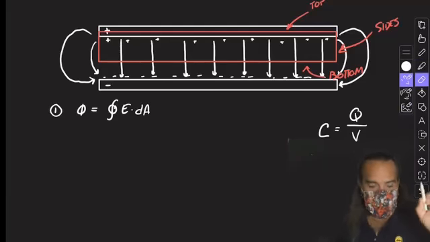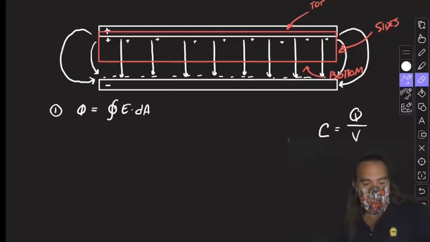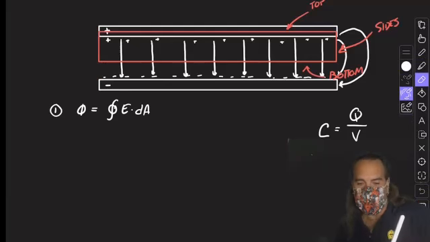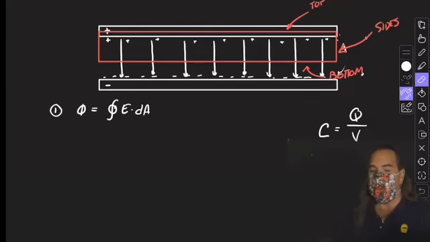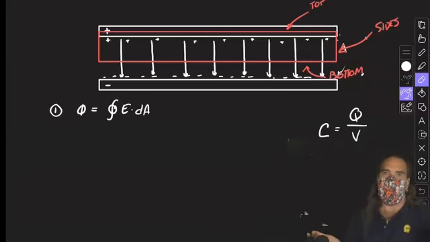We are going to assume that there are no actual edge effects, that the amount of flux through the sides is so small as to be immeasurable, or at least really, really small. So basically, we're going to calculate the capacitance and not include any extra capacity that we get from the electric field that leaks out the sides.